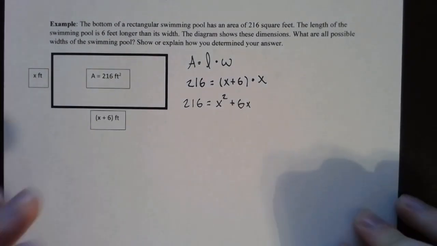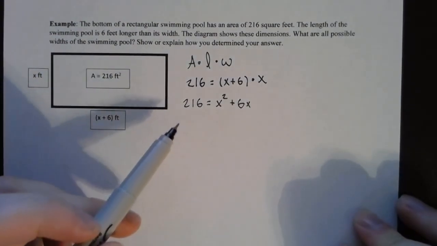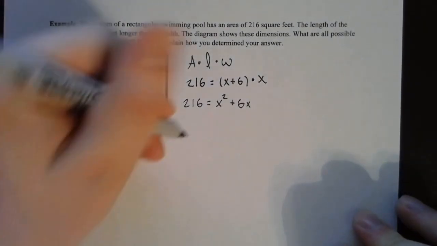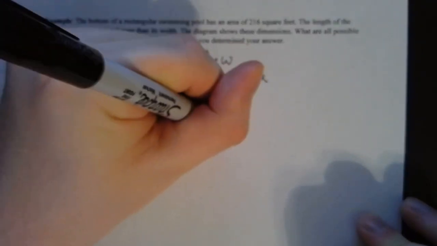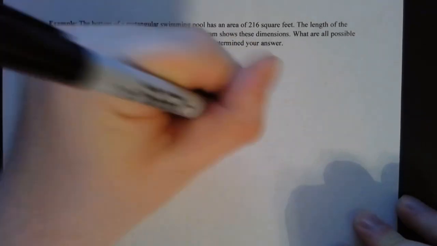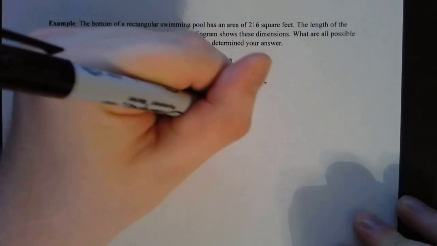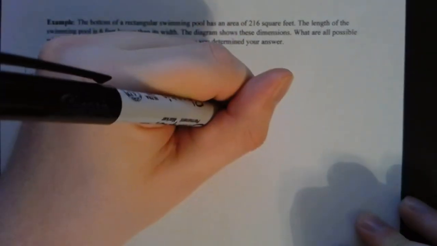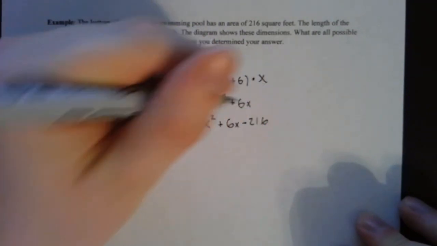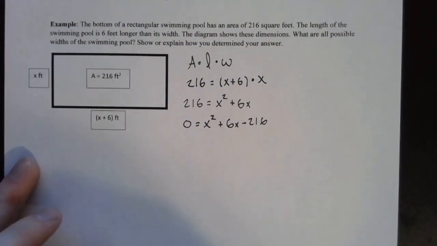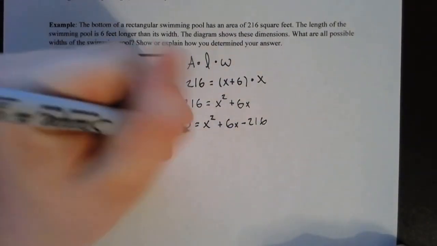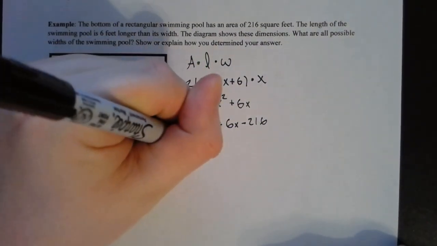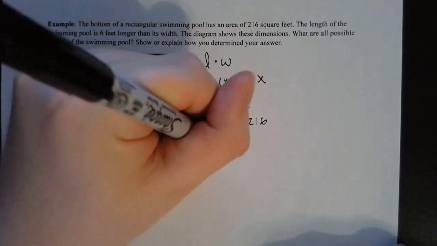And then we will need to subtract the 216 to one side. Again, we need to get everything on one side of the equation so that we can factor this and solve for x. I'm going to go ahead and rewrite this with the 0 on the right side because I think that's more how we're used to seeing quadratics, so we can factor.